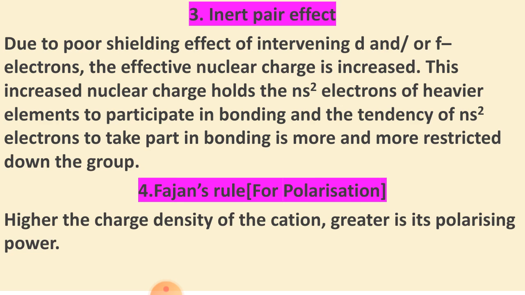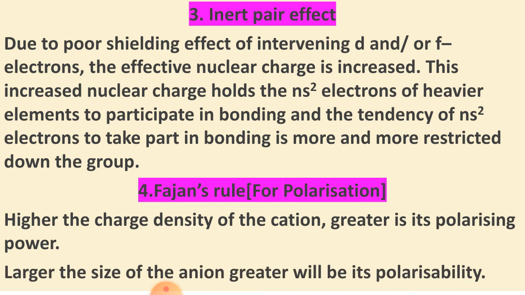So according to this rule, the higher the charge density of the cation, that is, the more the charge on the cation, the greater is its polarizing power. Similarly, the larger the size of the anion, the greater will be its polarizability. So that means for Fajan's rules, the cation size should be small, but the anion size should be large. Are you getting this?